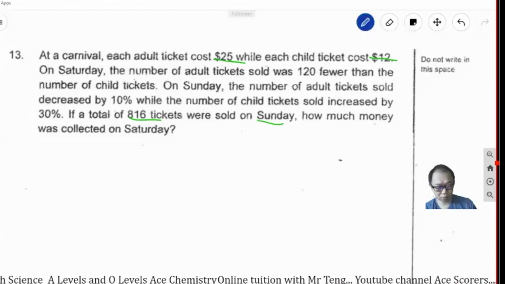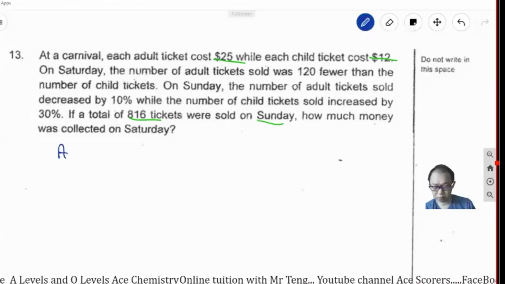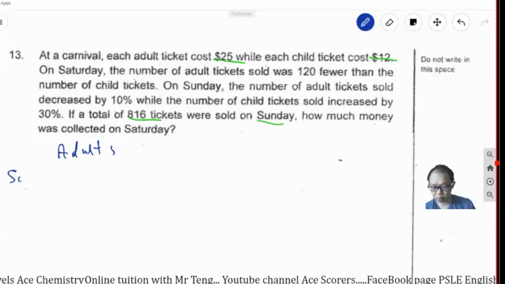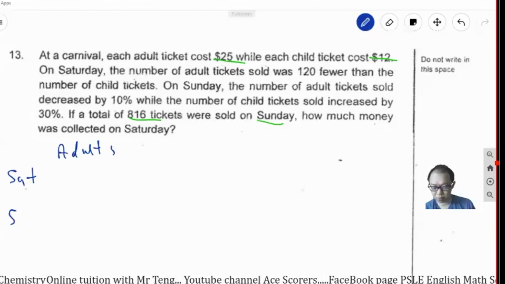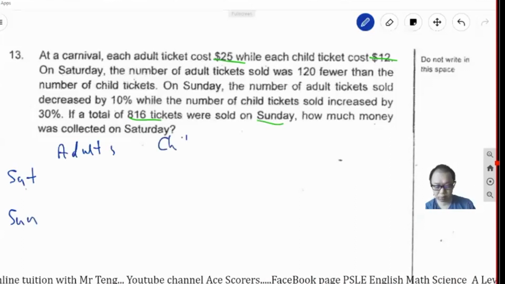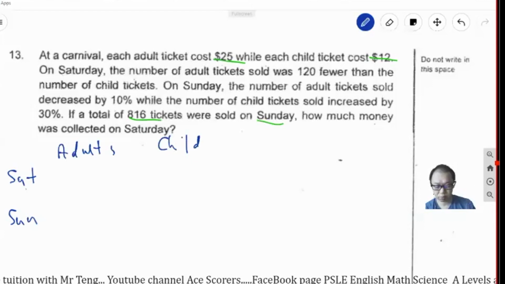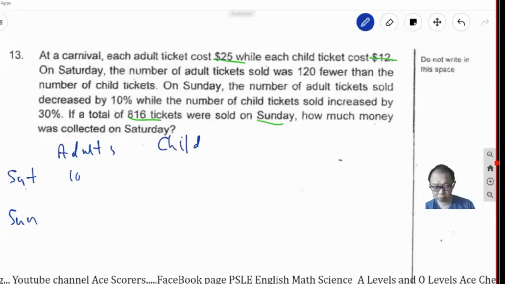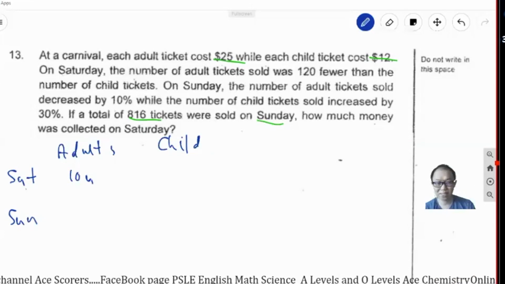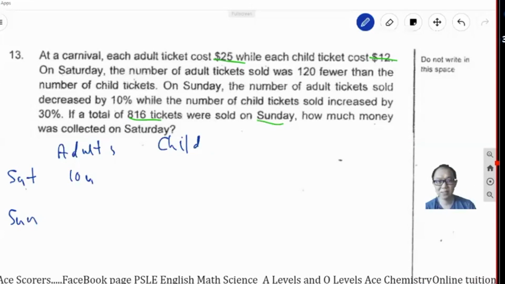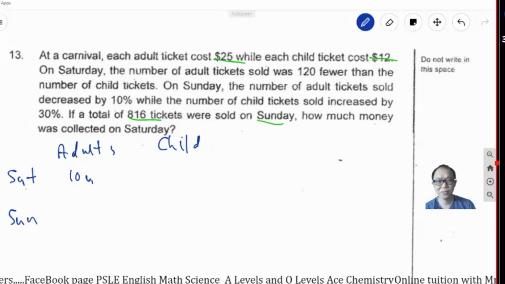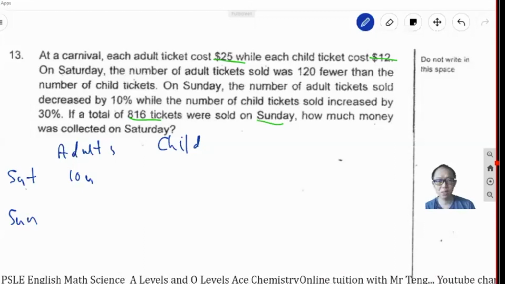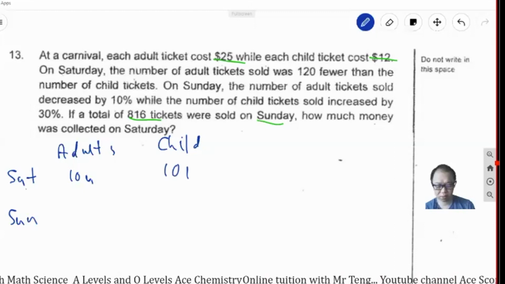So let's see, adults on Saturday and Sunday. So child ticket Saturday and Sunday. So let's say I have 10 units here. The child tickets on Saturday are always X plus 120. 120? Why 120? 30, 130. It's 10 parts.